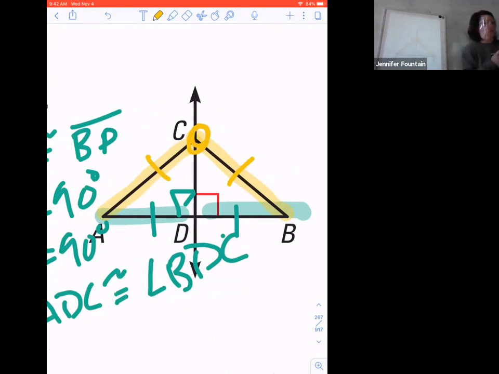What theorem? Perpendicular bisector theorem. Okay, but what is that? It tells me that because of the perpendicular bisector theorem, that point is equidistant from the endpoints of the segment. My endpoints are A and B.